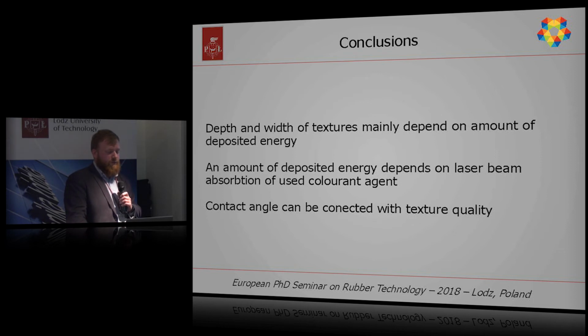Depth and width of texture mainly depend on the amount of deposited energy, and the amount of deposited energy depends on laser beam absorption of the used colorant agent. And as you can see on the last slide, contact angle can be connected with the texture quality.